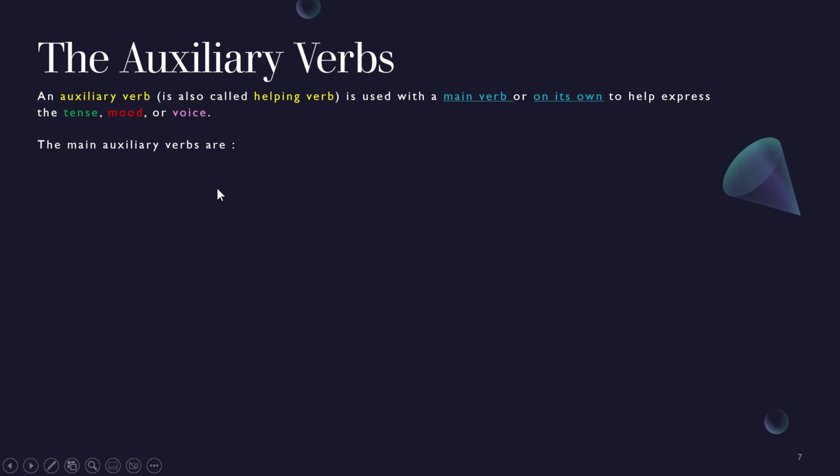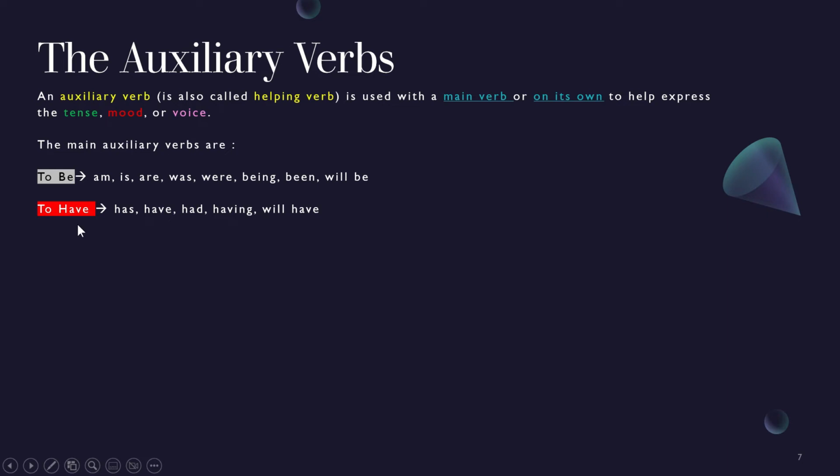The main auxiliary verbs are to be: am, is, are, was, were, being, been, and will be. Also, to have: has, have, had, having, will have. To do, that consists of does, do, did, and will do.